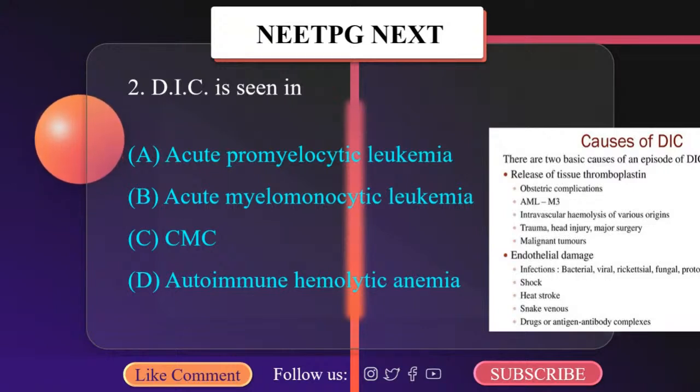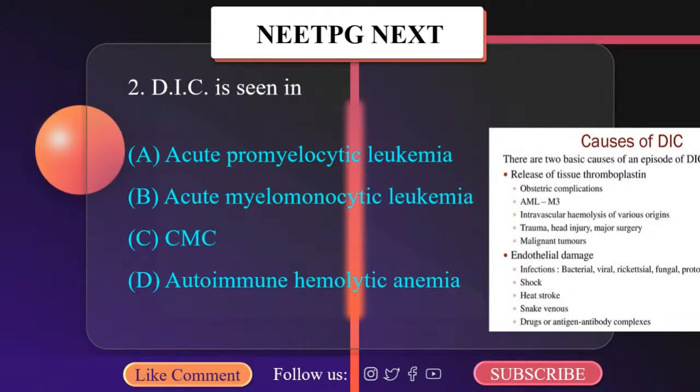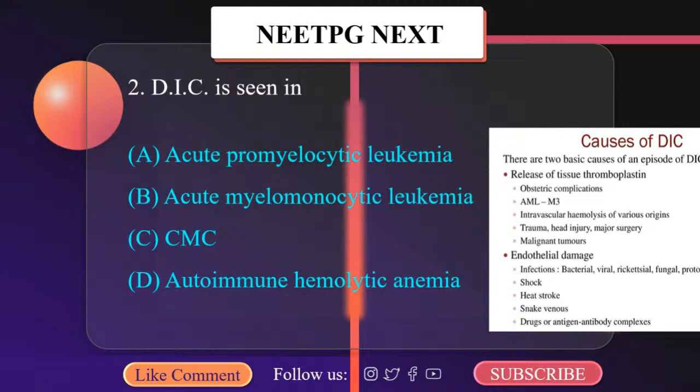DIC is seen in A. Acute promyelocytic leukemia, B. Acute myelomonocytic leukemia, C. Chronic myeloid leukemia, D. Autoimmune hemolytic anemia.